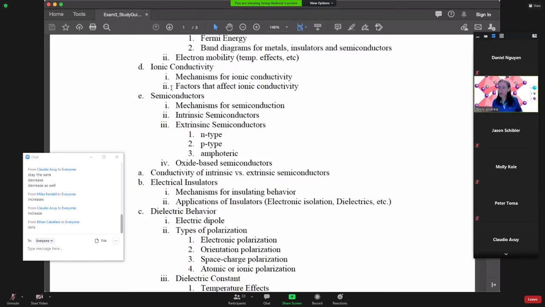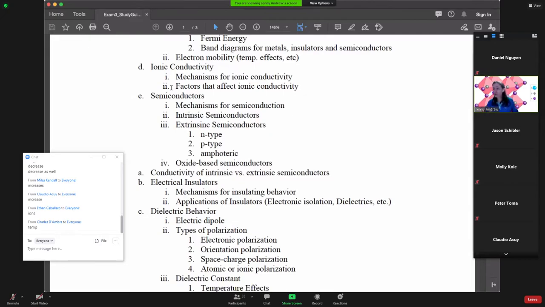So if we're talking about diffusion in an electric field, what's going to make that better? What's going to increase ionic conductivity? What increases diffusion, for example? Need open sites? We need a space to move into, right? So if we had an oxygen ion conductor, we'd want oxygen vacancies, right?